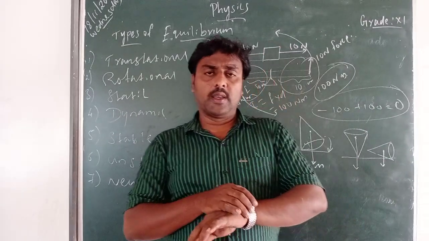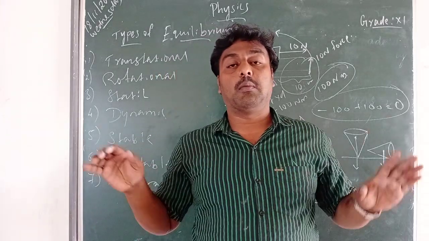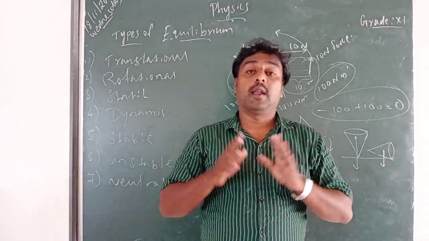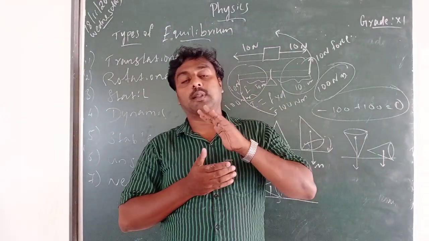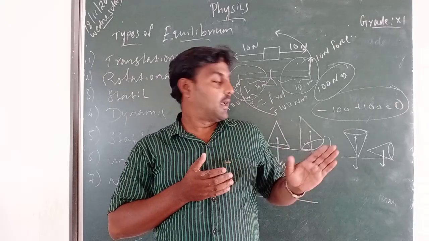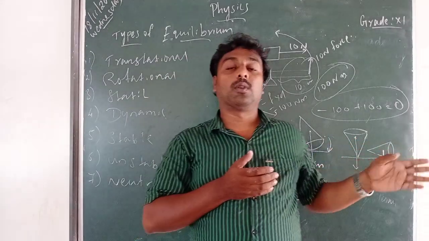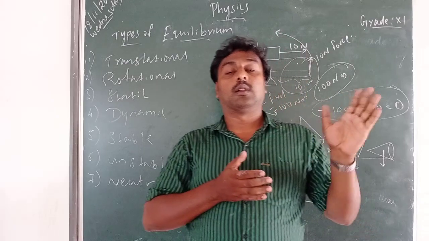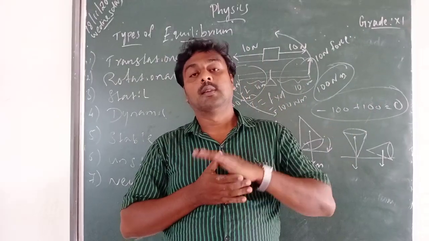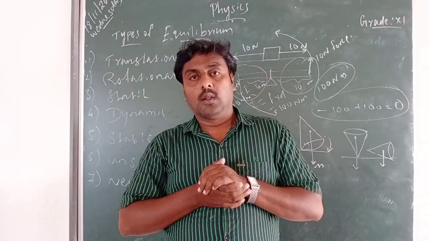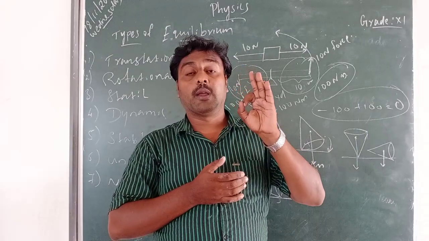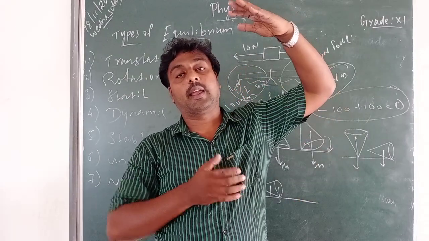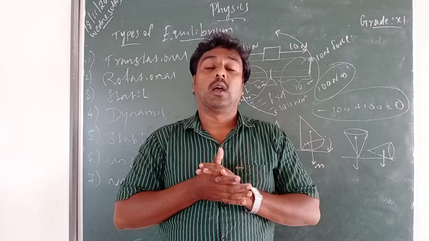And for all these three equilibriums, stable, unstable and neutral, what will happen to the center of mass? Not the same. In stable equilibrium, center of mass is raised higher, so potential energy is also higher.